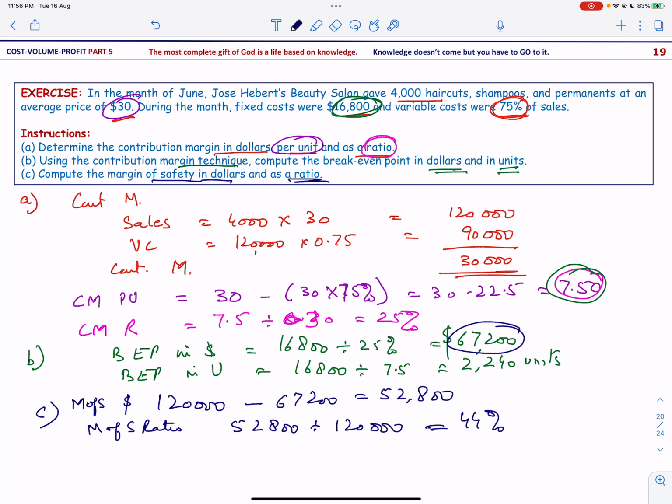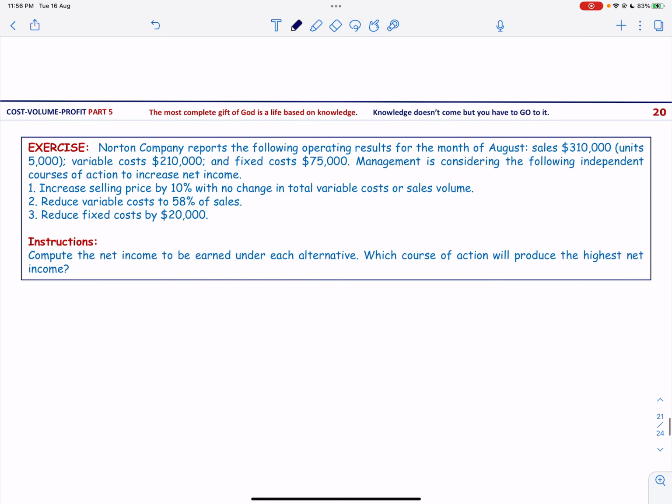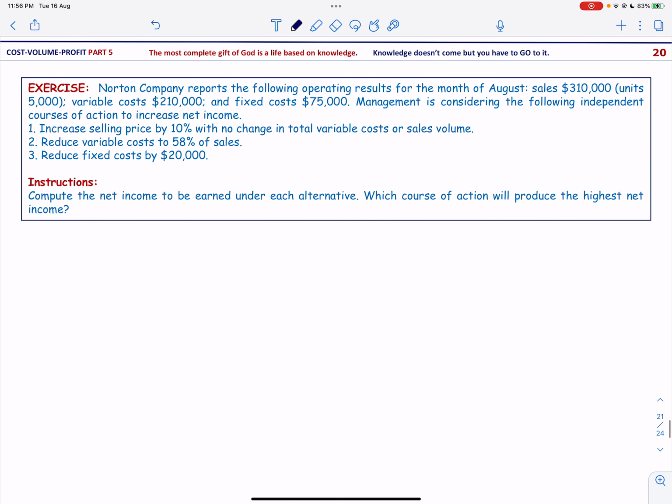Next, let us compute net income under different alternatives. Now, Norton Company reports the following operating results for the month of August.